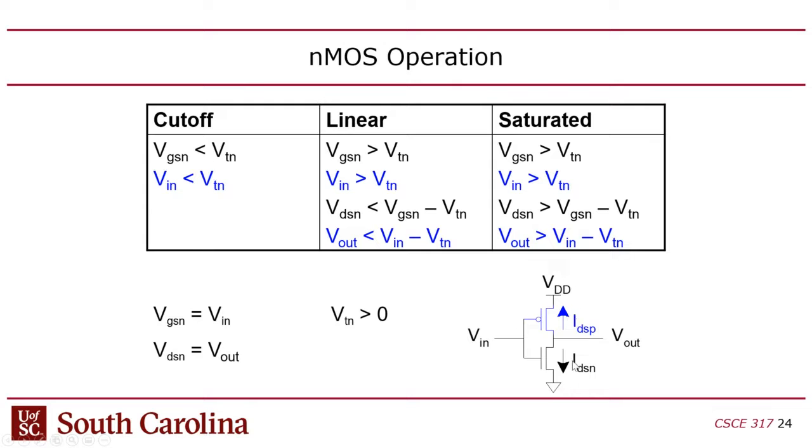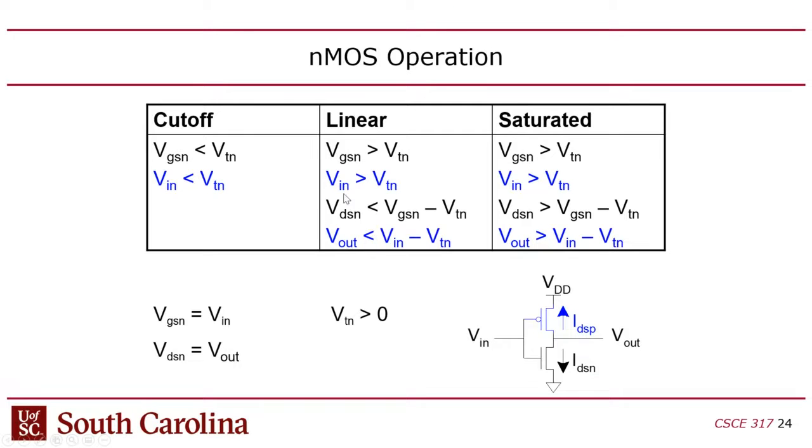In terms of the logic gate, if we want to solve how the V out changes as a function of V-in, the V-in would be connected to both of the gates. So the gate source for the N, the VGSN, the gate source nMOS, would be the input.